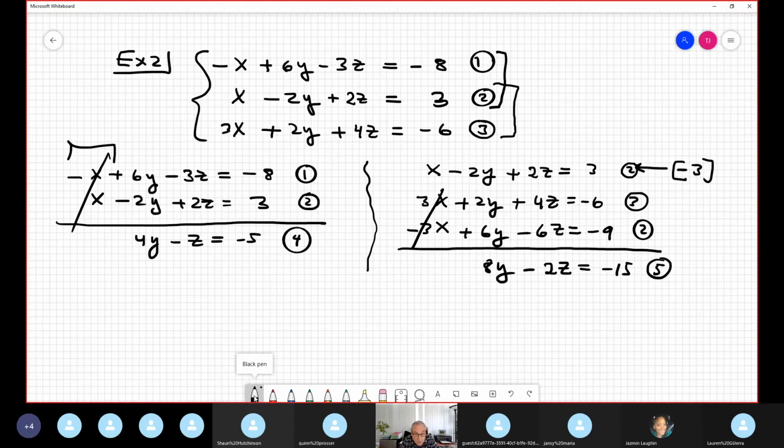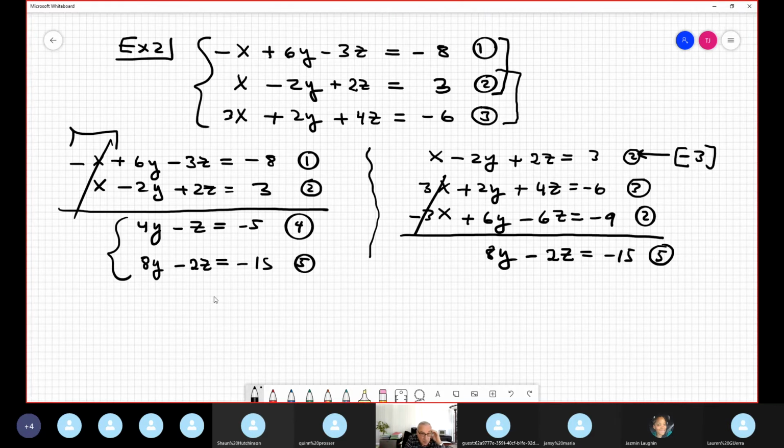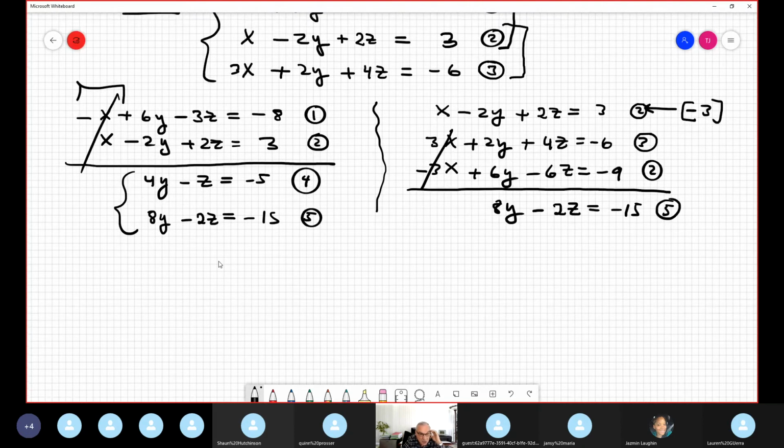Okay. So you put together 4 and 5. Let me show you. I copy down minus 2z equal -15. And this is equation number 5. And we focus on this system of equations. So I multiply, for example, equation number 4 by 2, or by -2? Let me see, by -2, yeah.